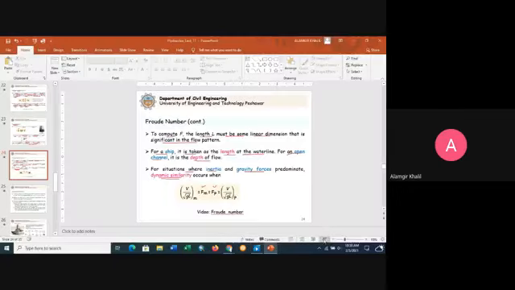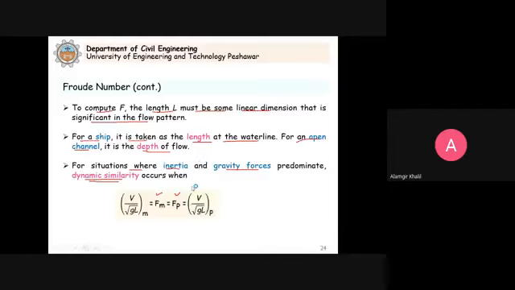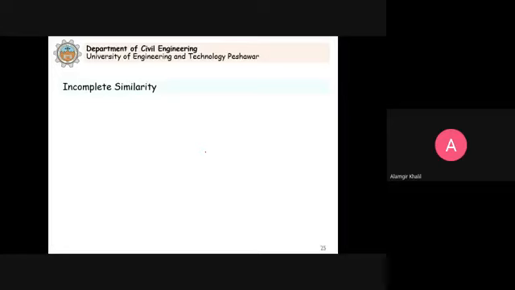You see the water in a bottle has a flat surface. That is the effect of gravity. Gravity tries to flatten out the surface of this liquid. So in such cases the Froude number has to be significant and must be considered. This is important. Let me go for one more slide, then I will stop here.